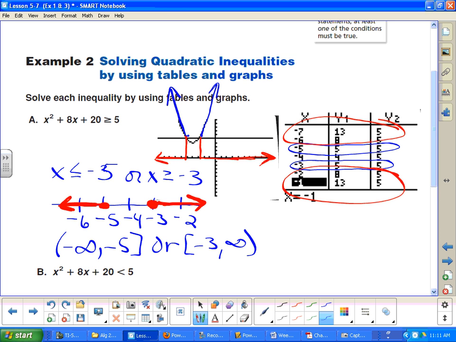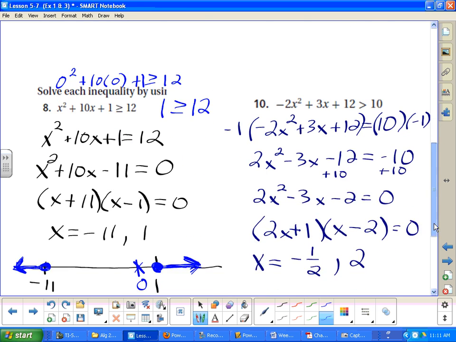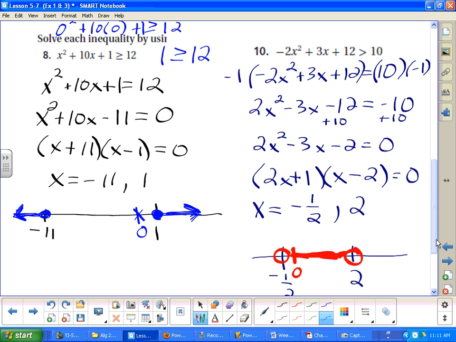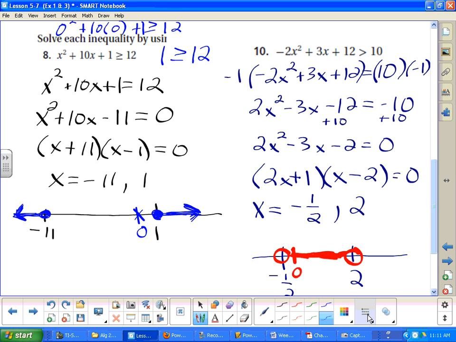One of the things that I used to do is that when I was looking at these answers here, like in this question here, I marked the zeros at negative 11 and 1. Does that graph open up or down? Okay, it opens up. So the graph here actually looks like this.